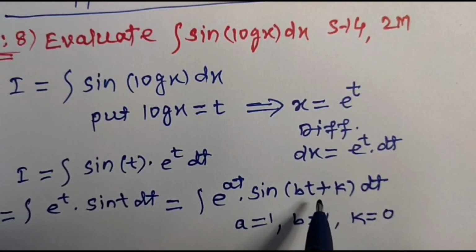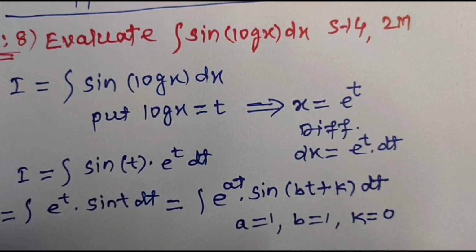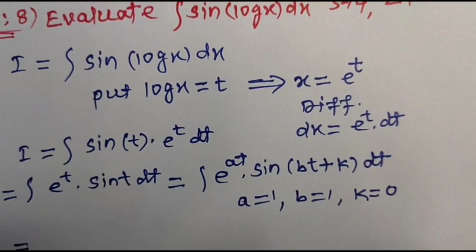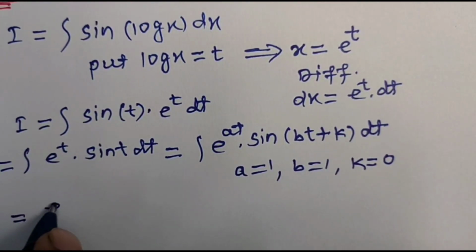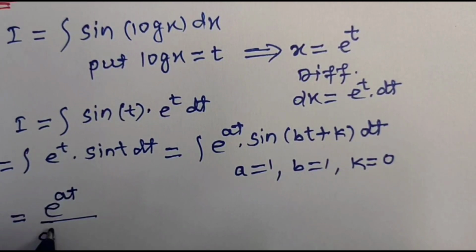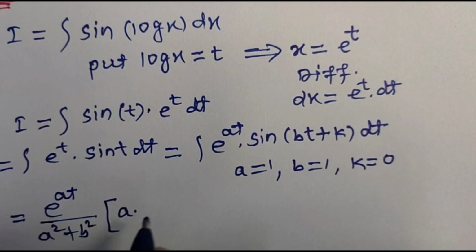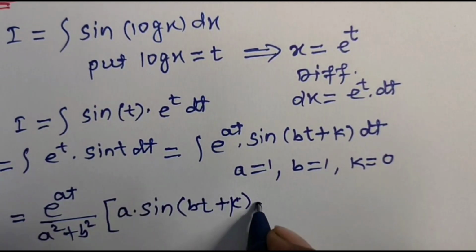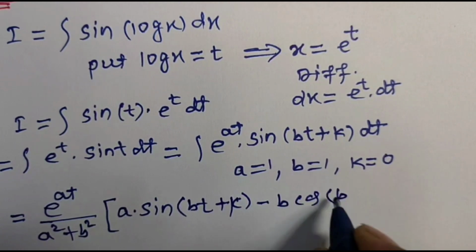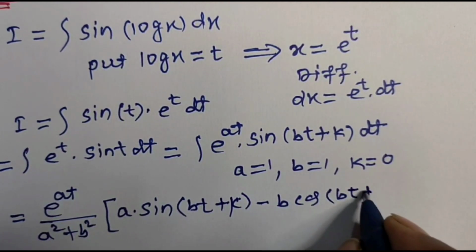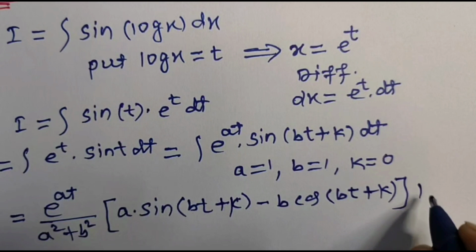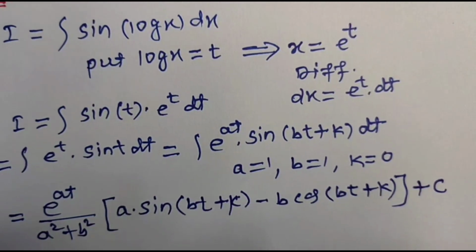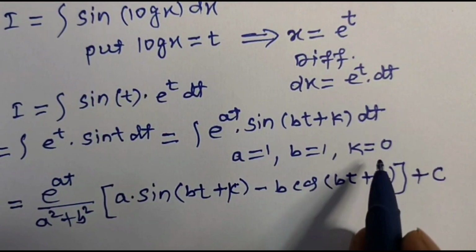Now for this integral we know the formula. This is equal to e to the power at divided by a square plus b square into bracket a into sine of bt plus k minus b cos bt plus k, bracket close, plus integral constant c. Now put values of a, b and k here.